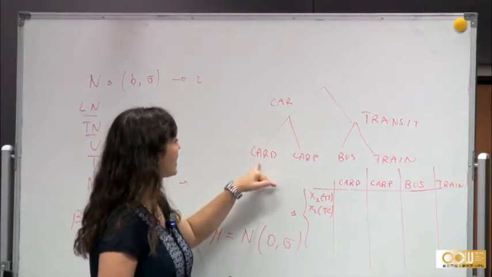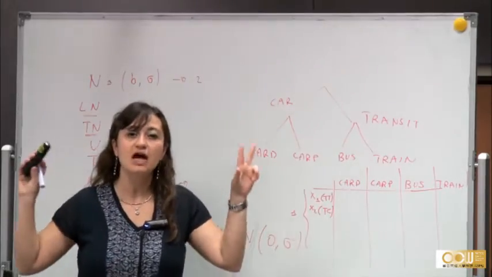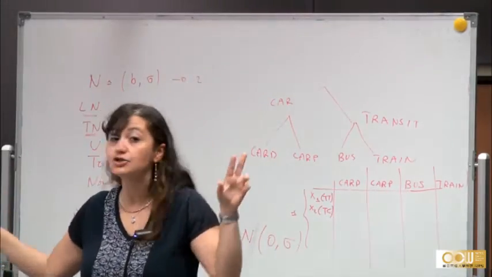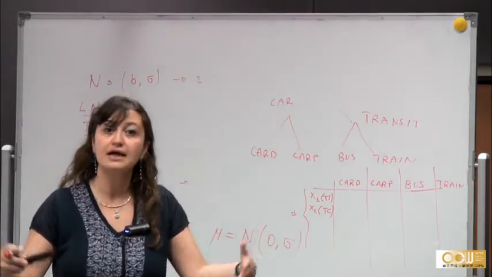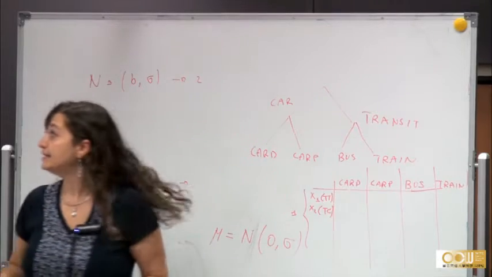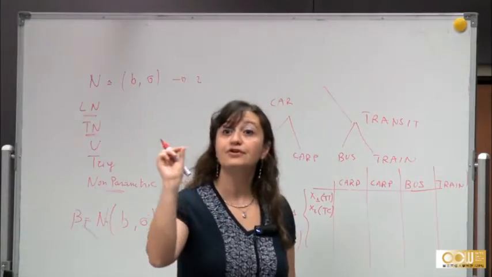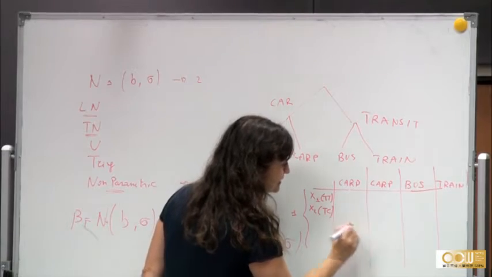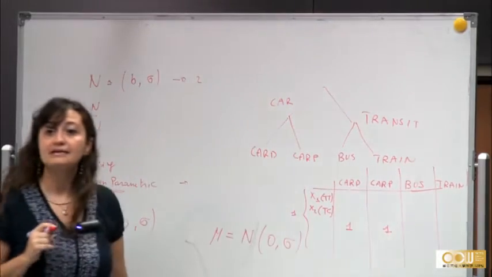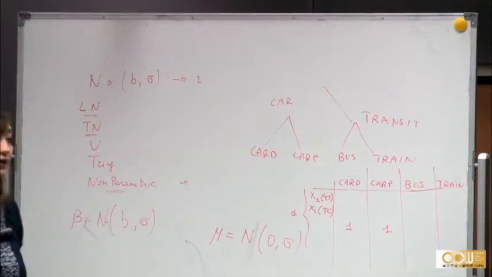What you do is that car driver and car passengers, they are under the same nest. It's not really a nest, but in mixed logit, you want an additional error component to create correlation amongst alternatives. So you create a variable that is common to and specified for the alternatives that are in the same nest. So this is a dummy variable that is one for the alternatives for which you want to create correlation.